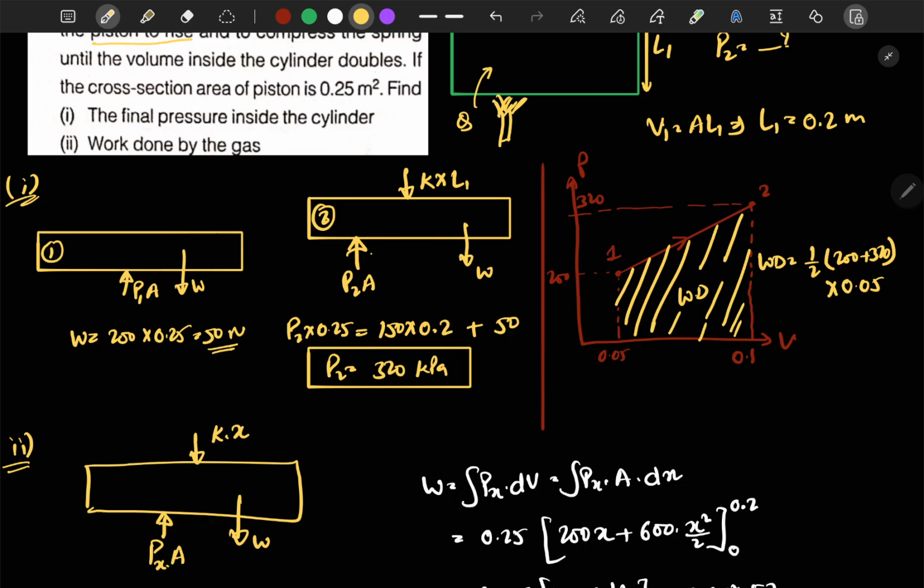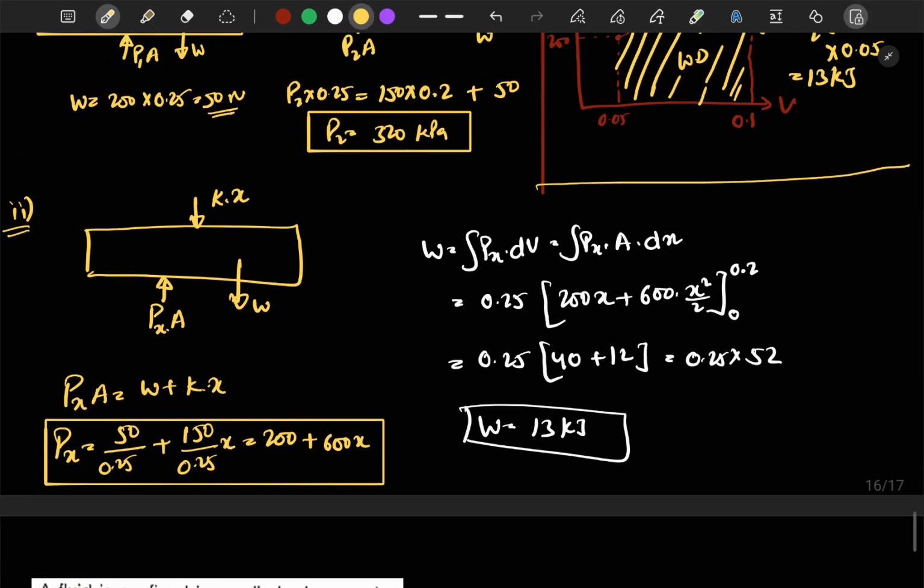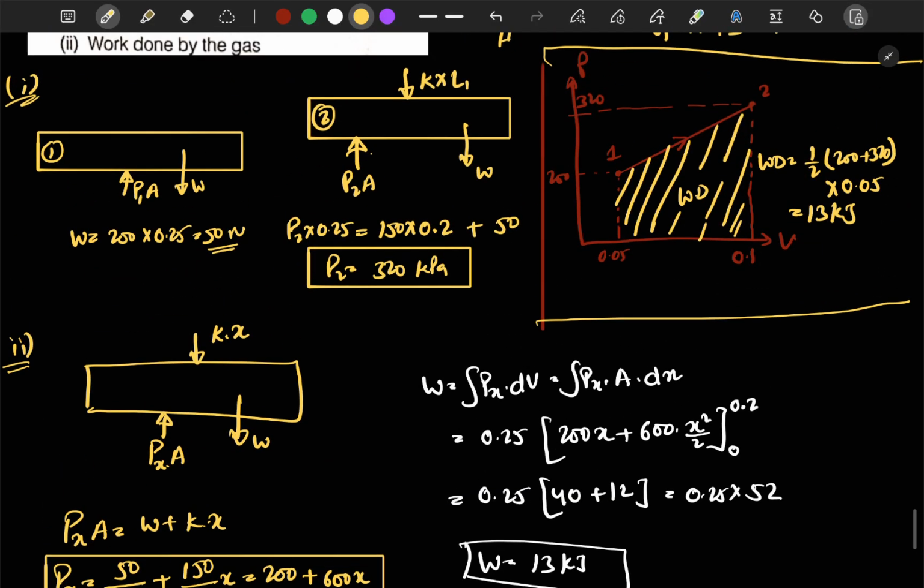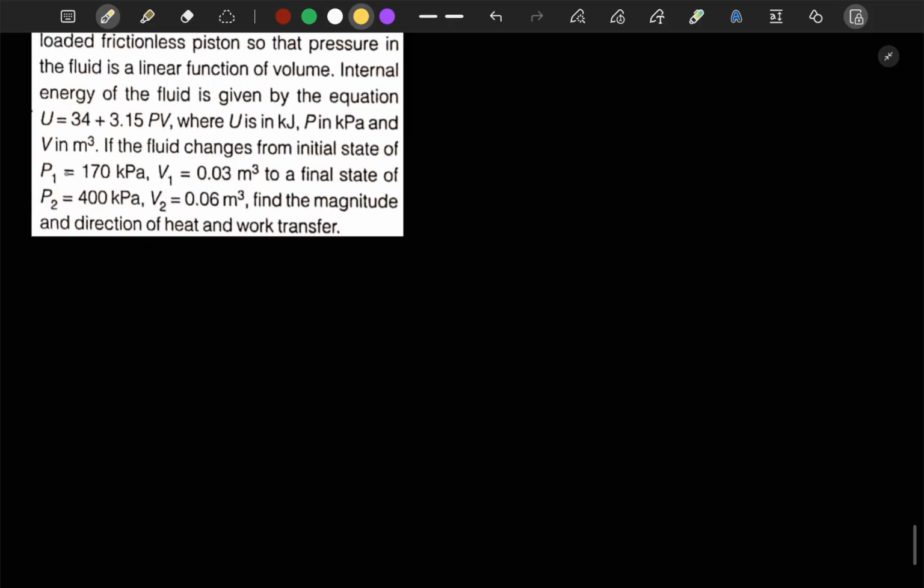So let's just calculate the value: half into 200 plus 320 into 0.05, this will give us 13 kilojoule, a single step solution. But you should know how to apply it. Whenever there is a spring, simply draw a PV diagram and calculate the area under the curve.